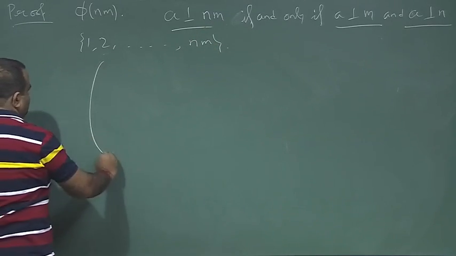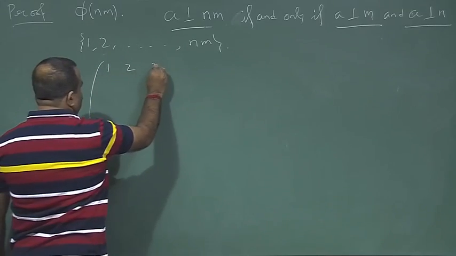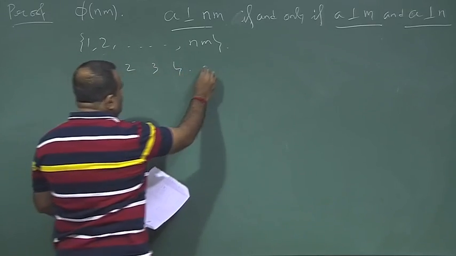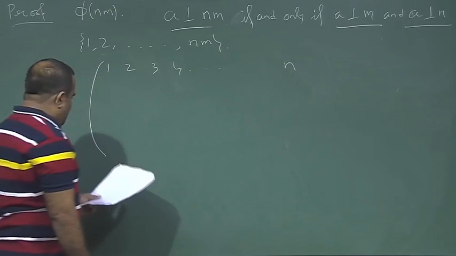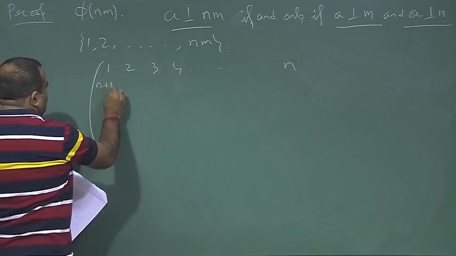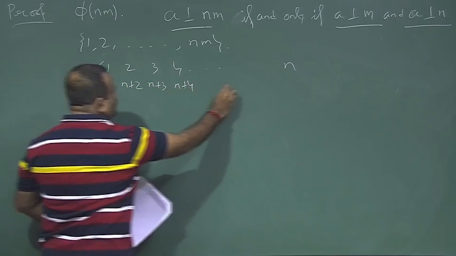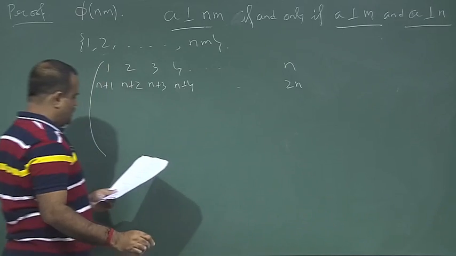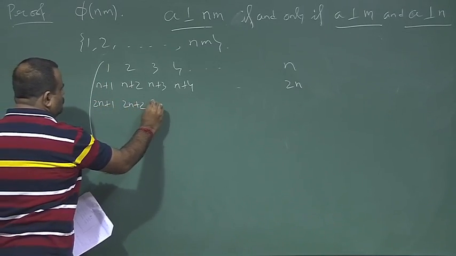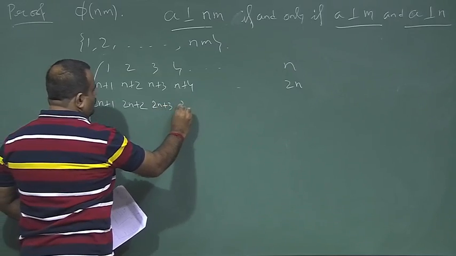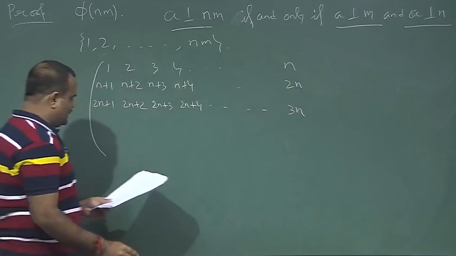So, we will write this set in matrix form like this: 1, 2, 3, 4, dot dot dot n, and then n plus 1, n plus 2, n plus 3, n plus 4, dot dot dot 2n, then 2n plus 1, 2n plus 2, 2n plus 3, 2n plus 4, dot dot dot 3n, like this.